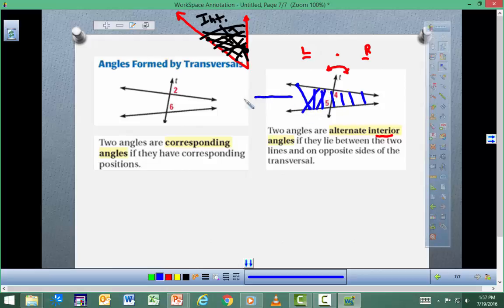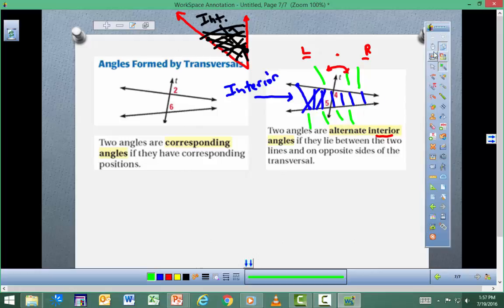So this whole section right there is the interior. Okay, so you might be able to guess this now. If this blue section is the interior, where's the exterior portion? Well, as you might imagine, the exterior is the part that's out here, and this part out here. So the part that's between the two lines is the interior, the part that's outside is the exterior.